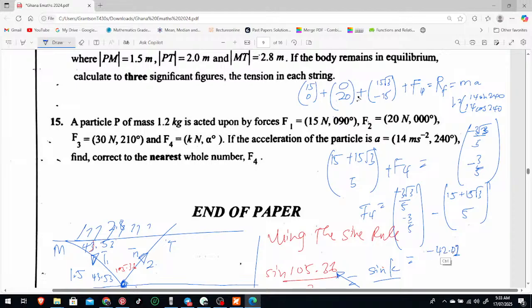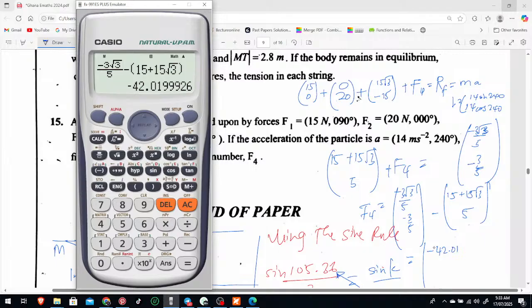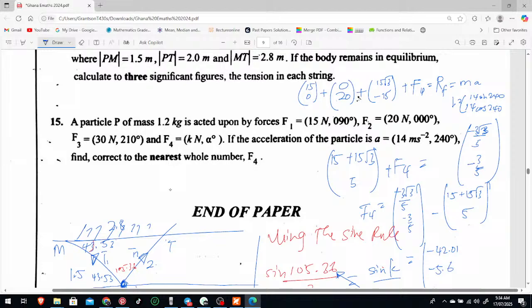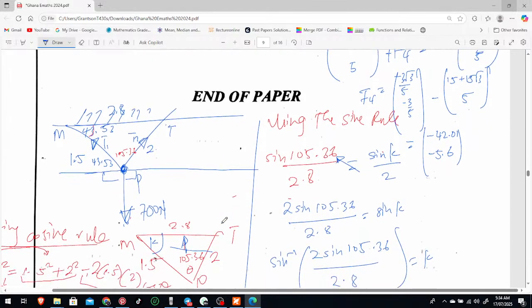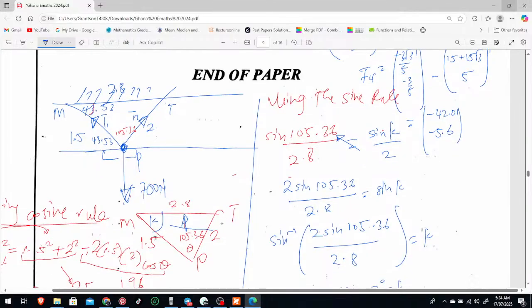Let me drop it on this side. Then negative 3 over 5 minus 5, minus 5.28. So negative 5.6. So now this is F4, but we have to write it as magnitude and direction. Are you okay? So the magnitude will be what?